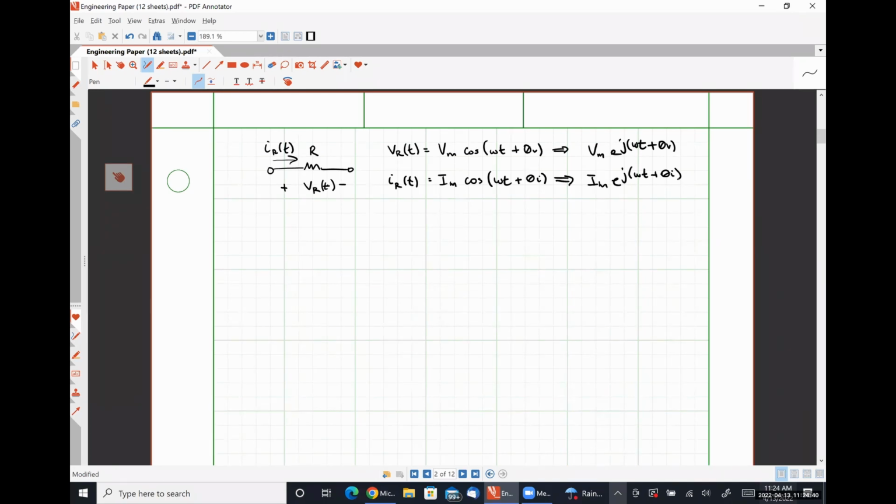So let's organize it to where I don't have to deal with a fraction. V is equal to I times R. Good old Ohm's law, right?